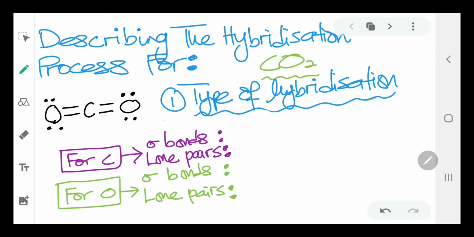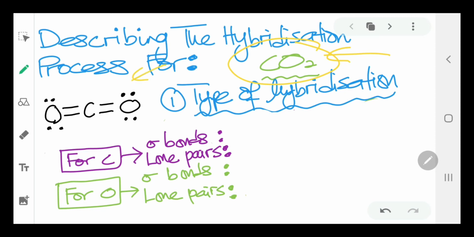As usual, before we describe the hybridization process, the first thing you need to do is identify the Lewis structure and the molecular shape for the given molecule. In the first example, we're going to look at carbon dioxide, and when you work out the Lewis structure and molecular shape for carbon dioxide, CO2, you're going to get something like this.